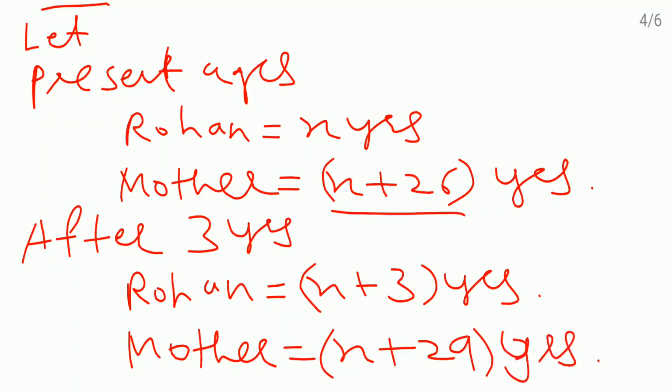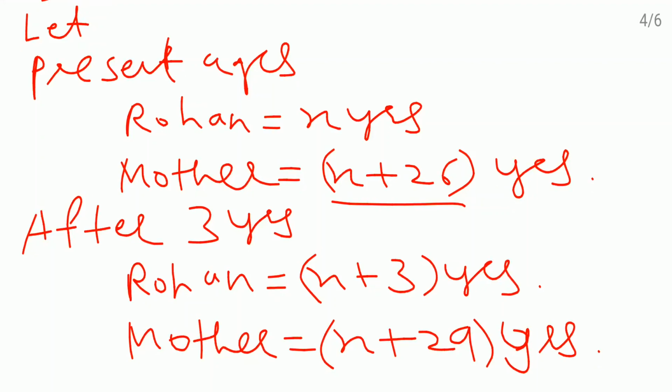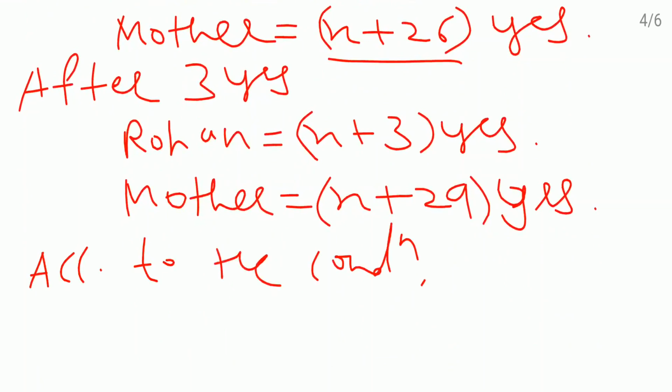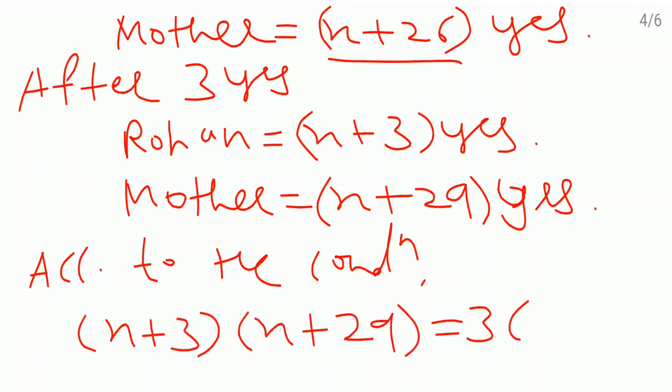Now what they are saying, after 3 years, the product of their ages is 360. Okay, so here I'll write down according to the condition. So here, according to the condition, x plus 3 into x plus 29, which is equal to 360.